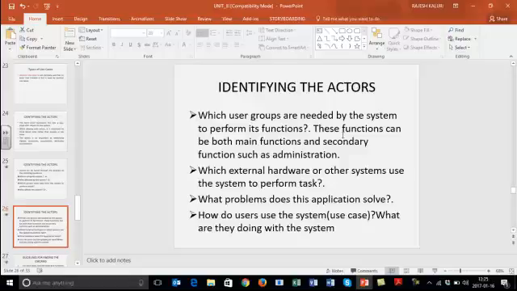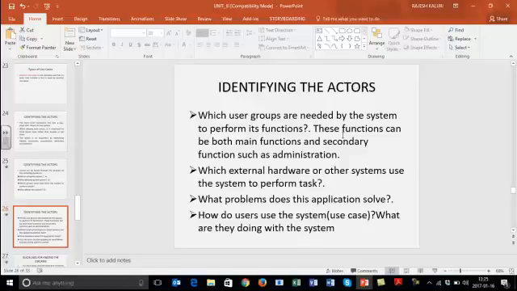The next point is which external hardware or other systems use the system to perform tasks. So what that means is what kind of external hardware or additional hardware components are needed in order to run our system. And then, what problems does this application solve? So this is also one of the major points.